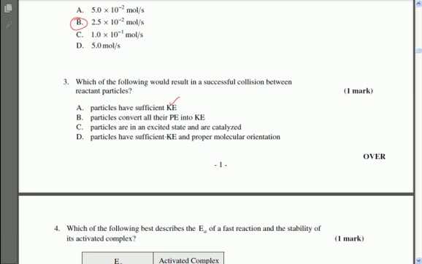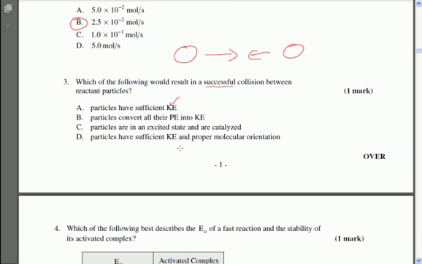But another thing that also needs to happen is the particles need to actually hit each other. If a particle has enough kinetic energy and it's moving towards another particle, they still need to hit each other. If they're not going to hit each other, then there's not going to be a successful collision.